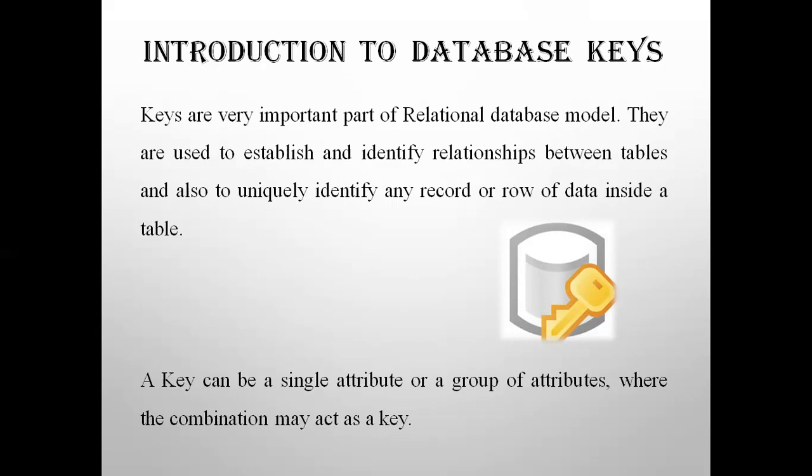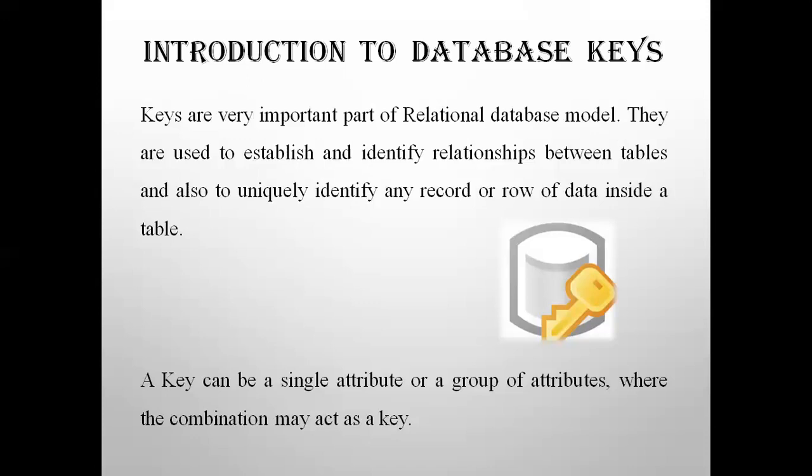The main strength of the relational database model is its use of tables, which are an efficient and flexible way to store and access structured information. Today, we will see what is a key and what role it plays here.